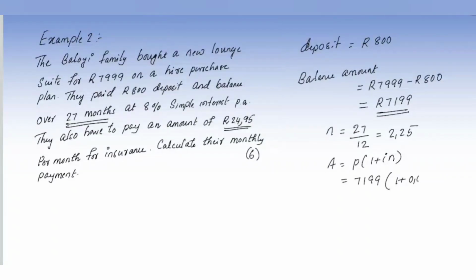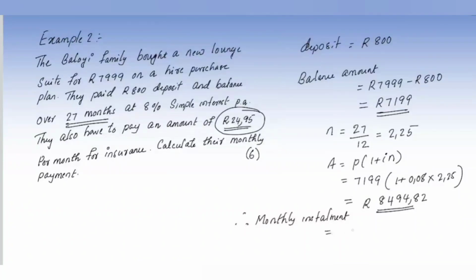Percentage 8%, that is 0,08, right, times the number of years, 2,25. So when you do this, the answer is 8,494,82. So this is the amount that you have to pay.